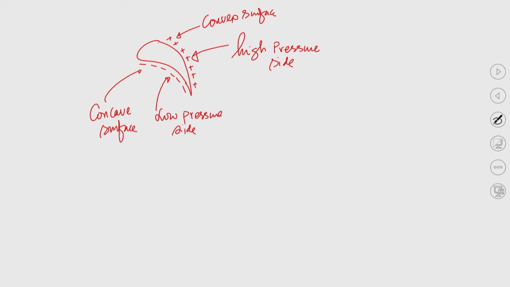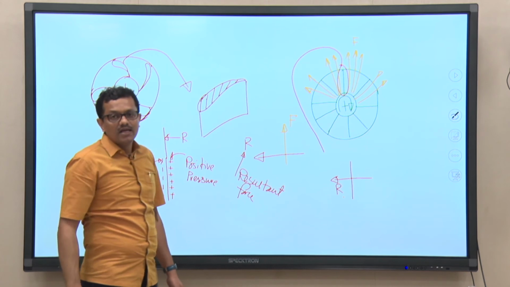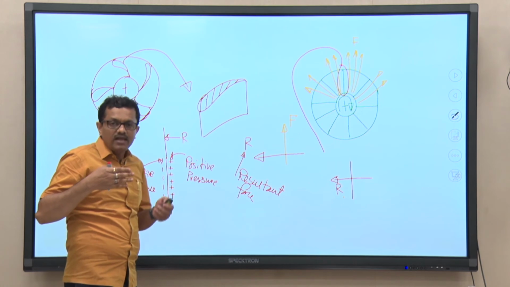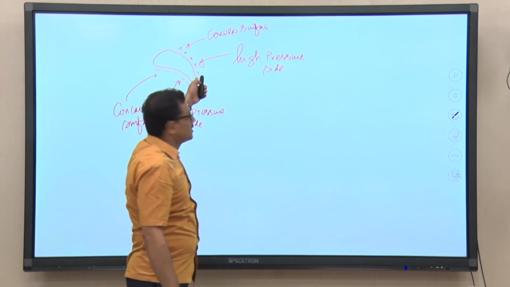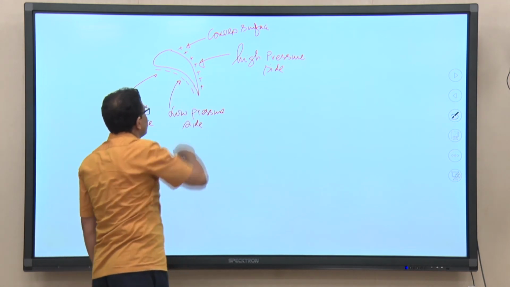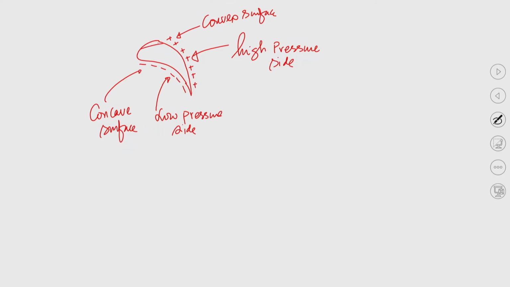Okay. So, you have understood that because of this rotationality effect and the continuous flow of liquid from the pump impeller in this direction, the resultant force acting on the convex surface of the blade will increase the pressure, and that is shown by the positive sign, while the pressure on the other surface of the blade will definitely be lower.